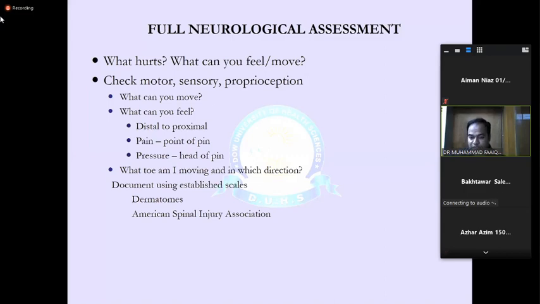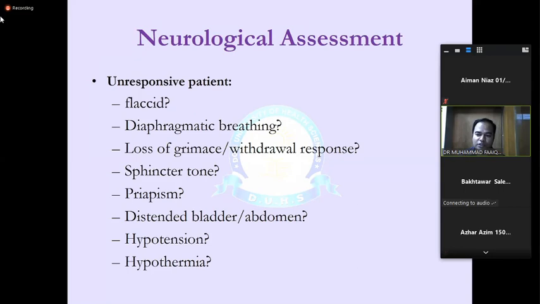But if the patient is not oriented, if the patient is unconscious, then there are certain signs that give you an impression that the patient may have a spinal cord injury. What are the different signs? These are the signs in front of you.